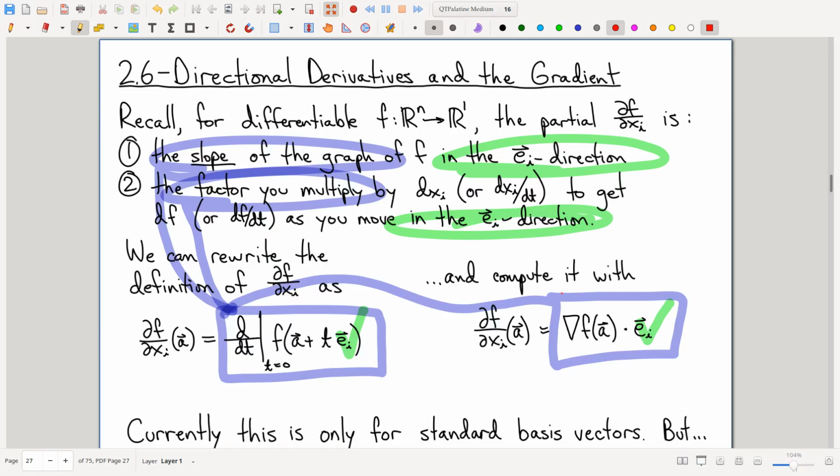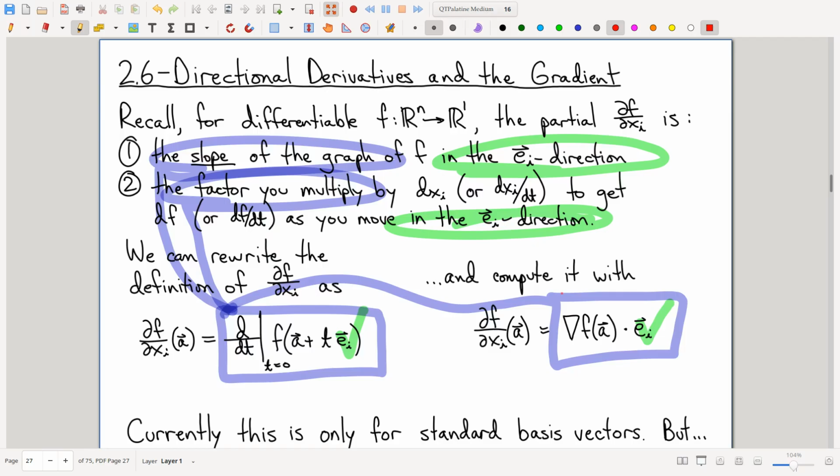So if I want to call it a partial derivative, then I really am stuck, and I have to pick my coordinates first, and then this really does only apply to certain vectors. But I'm not married to this term partial derivative. So, fooey on that, I have here an expression that applies to any unit vector I want, and it can be interpreted as all three of these things.